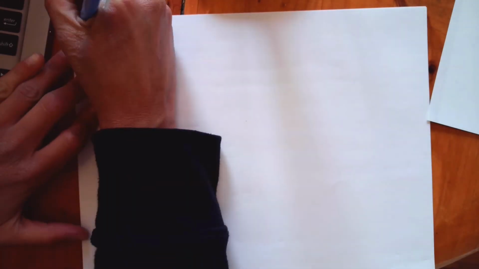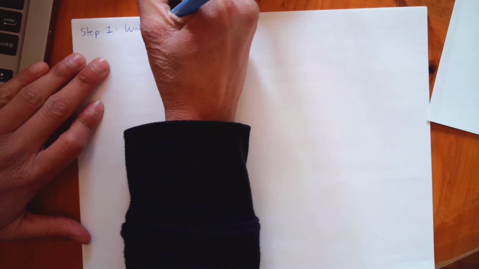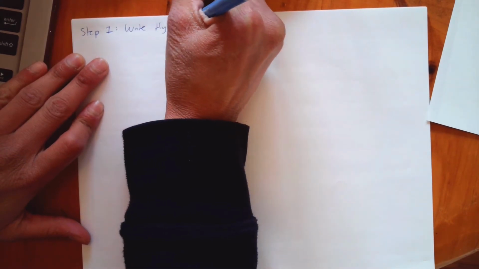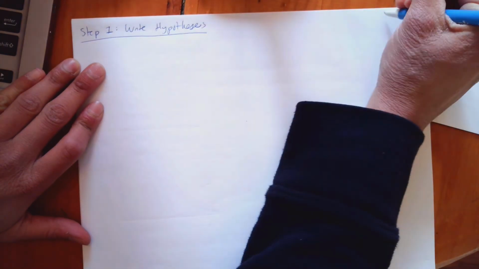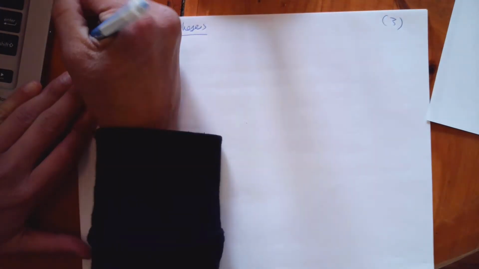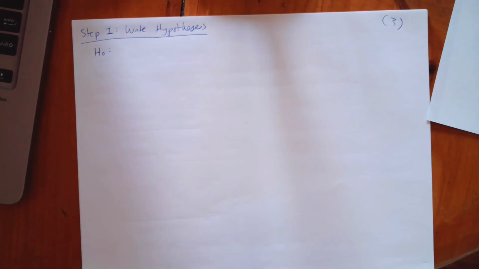So step one in our hypothesis test is to write hypotheses. Our null hypothesis is going to be that there's no relationship between two variables in the population. So just for fun here, I'm going to use the A in the class and weed example.